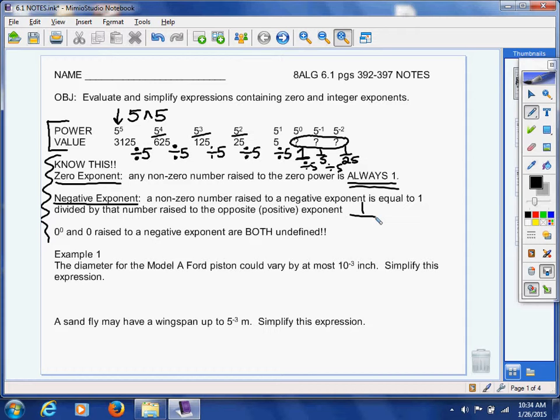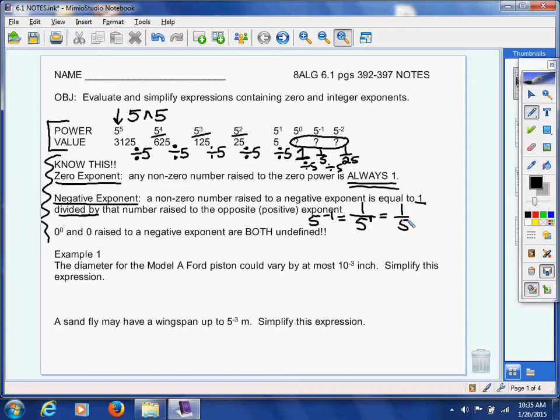So if I go back up here and do 5 to the -1, and I follow what this says, I'm going to take the number 1 and divide that by the number 5, but instead of raising it to the -1, I'm going to make it +1. So that ends up being 1/5, because 5 to the 1st power is 5.